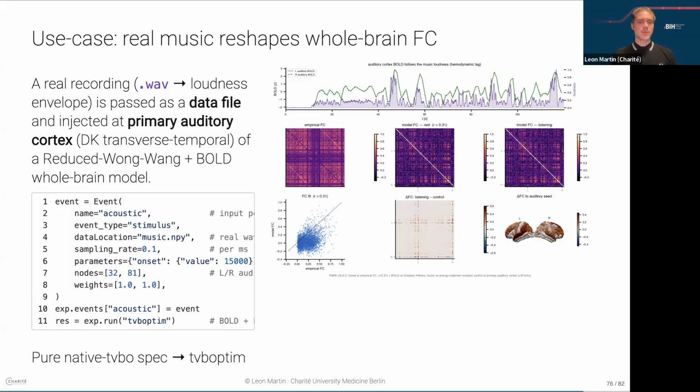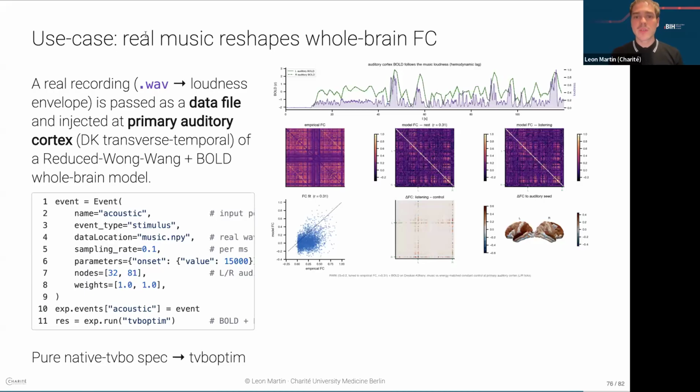He developed a tool called TVB Optim, which is a backend that is centered around JAX framework for efficient and gradient-based optimization. And with this framework, we can also load in complex stimuli that are then interpolated.